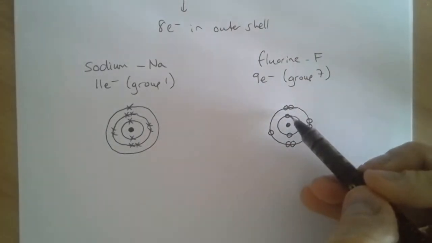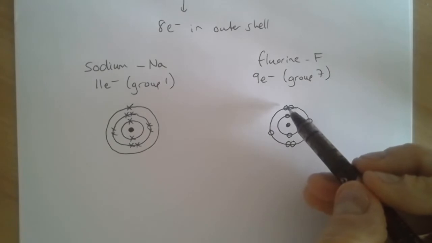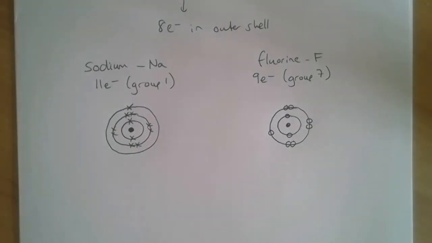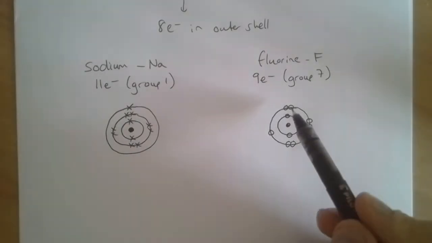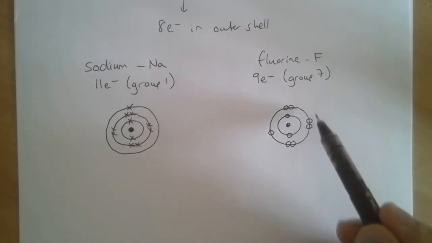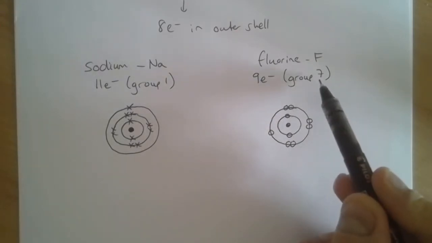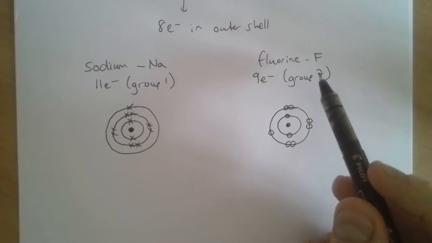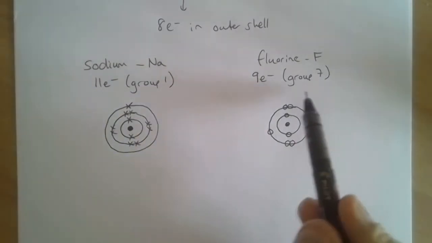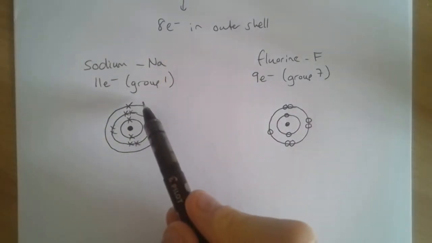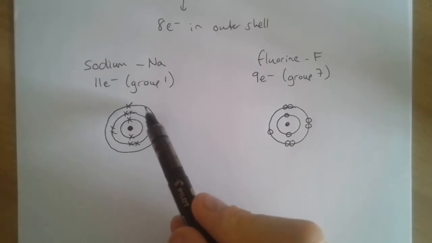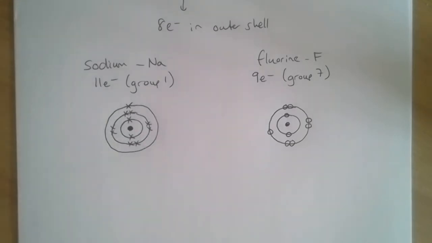It's got 2 of them in its first shell and 7 of them in its second and outer shell. That 7 in the outermost shell we know because it's in group 7. So remember that these group numbers are really important. They're going to be able to quickly tell us how many electrons these elements have in their outer shell.